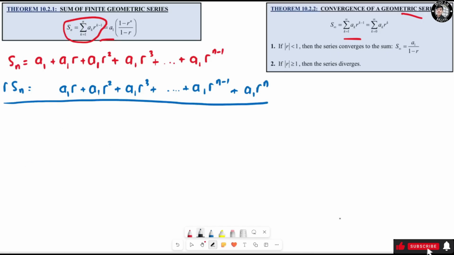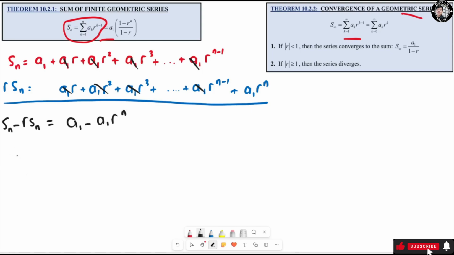Now we're going to subtract this one vertically, so we have S_n subtract r times S_n equals, the middle terms cancel out, so we're going to end up with a1 subtract a1 r to the n.